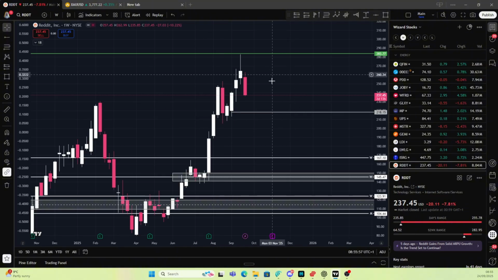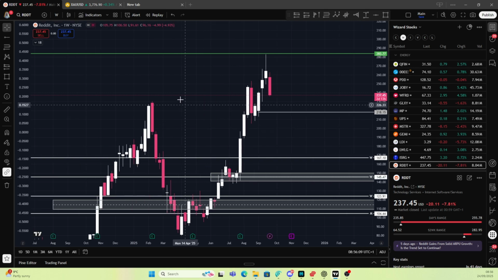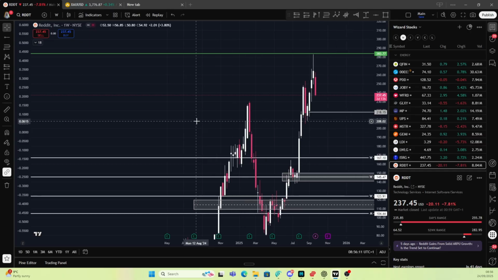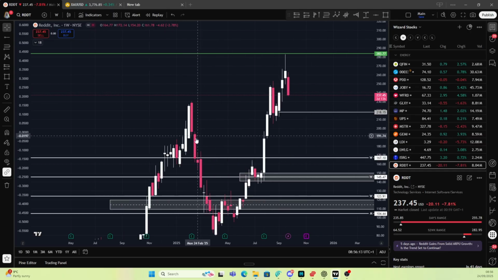I think if I was trading this, if we lose here, you're then potentially looking down for a reaction in this zone here. Yeah, difficult one to trade because you've not got much to go off, as you can see. The size of these candles here, this here is a massive liquidity zone.